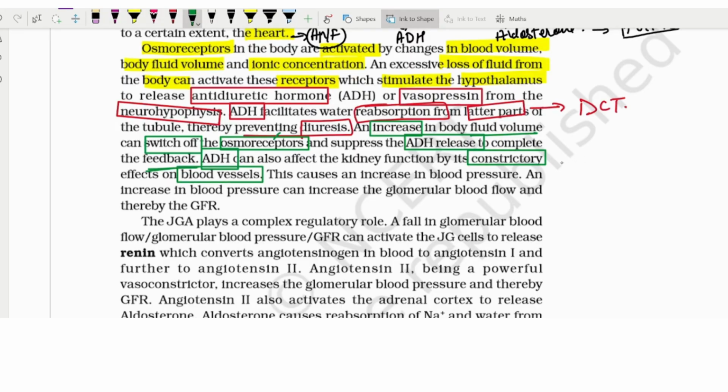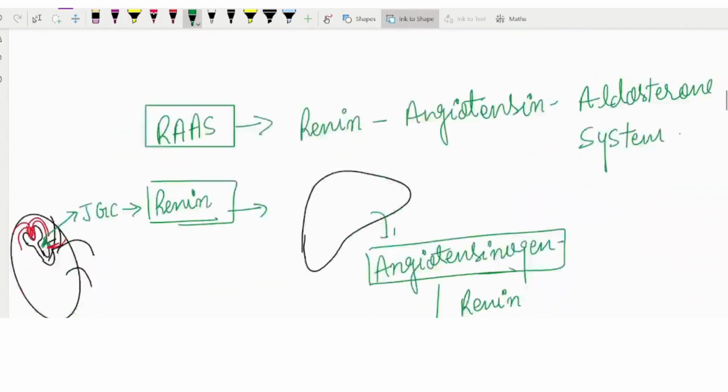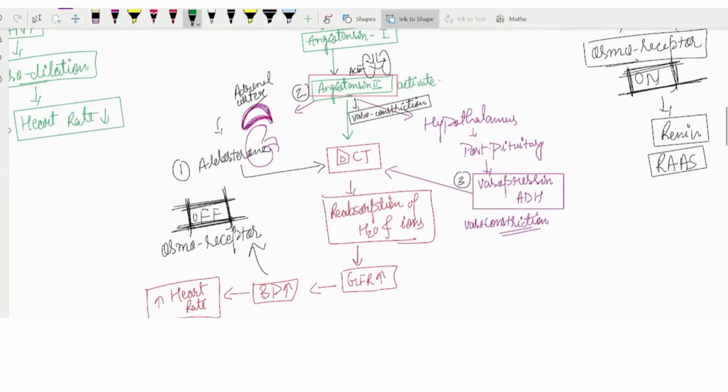As I told you, it was causing the vasoconstriction. Here in the RAS mechanism I showed you that ADH was causing the vasoconstriction, as well as angiotensin also causing the vasoconstriction, right? So that we should know.